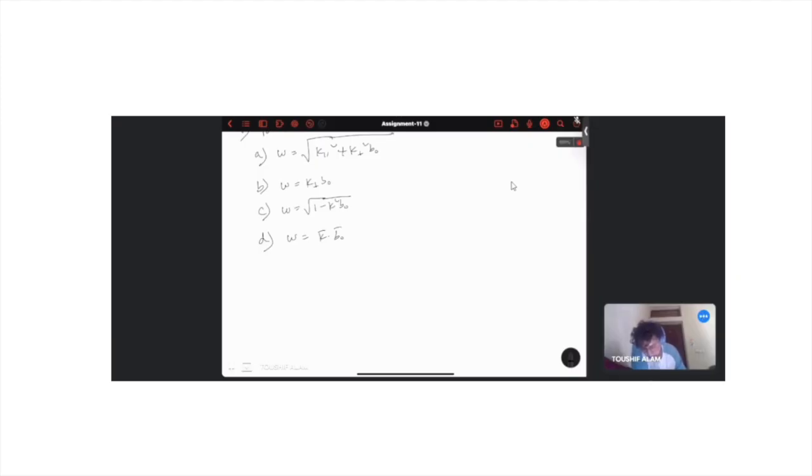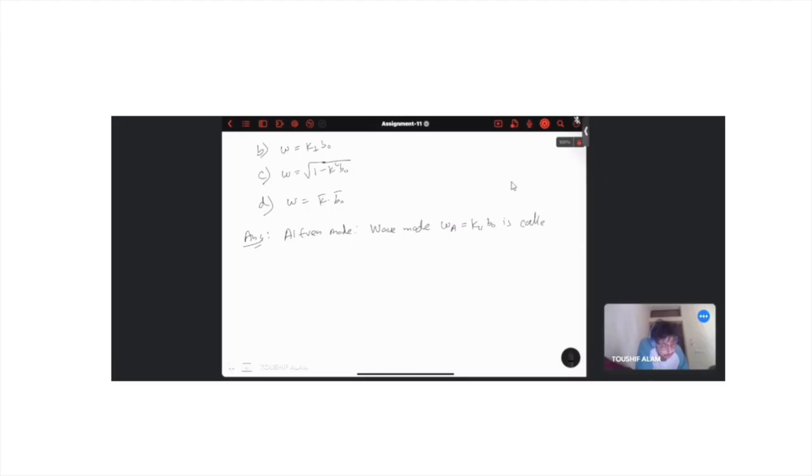So what do you mean by Alfven wave mode? You know that the wave mode omega A, equal to k parallel b naught, is called the Alfven mode, right?